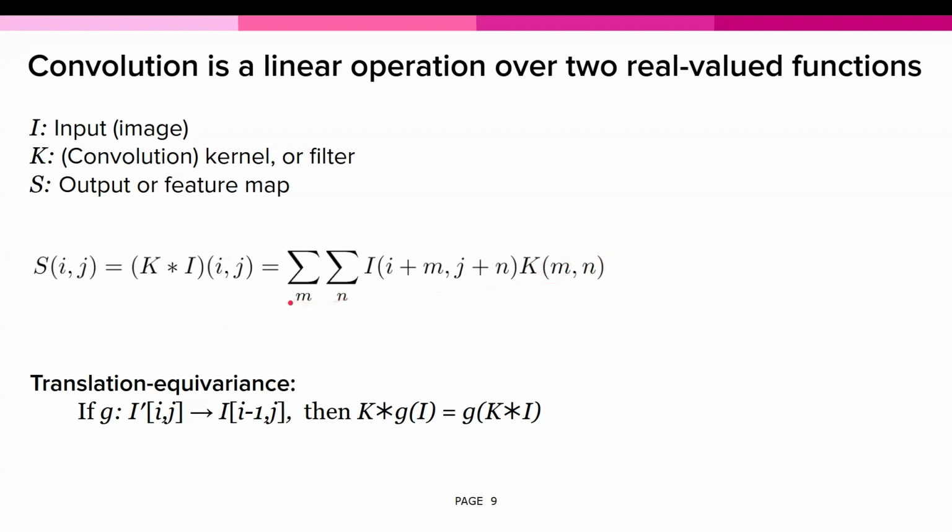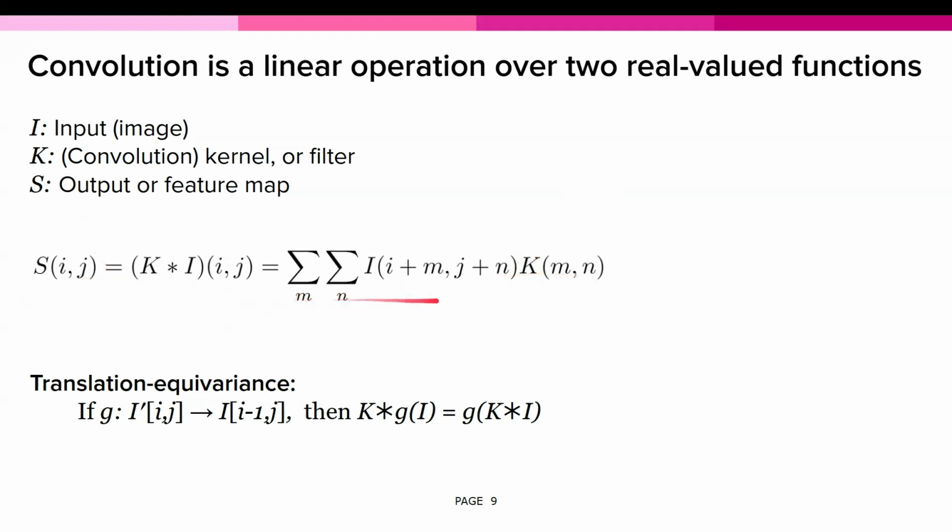And then we're going to shift the kernel across the entire image to compute S at ij for each position ij to give us the full output feature map. And so this output is going to be a transformed version of the input image that highlights features that are defined by the kernel itself.